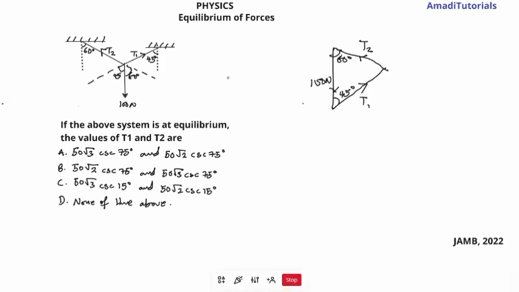So if you still have confusion on how to transfer the three forces into a triangle, remember you can extend the line of action of any of the forces, like this 100 Newton, you can extend its line of action. If you extend it down there, you will see that this 45 degrees here is alternate to this.